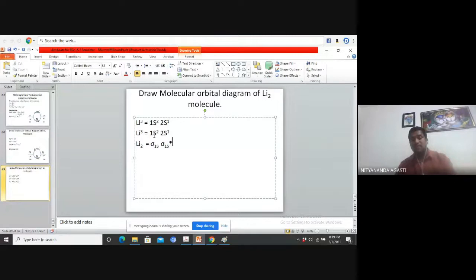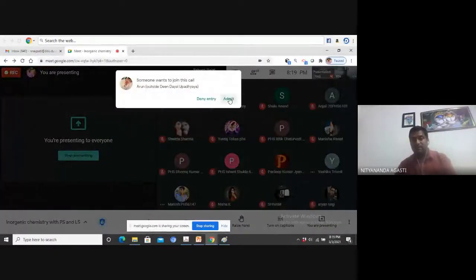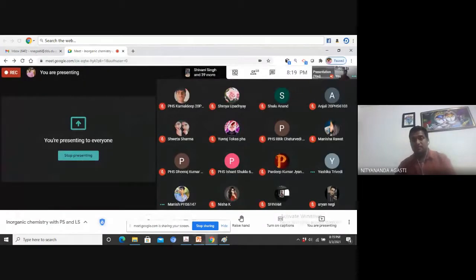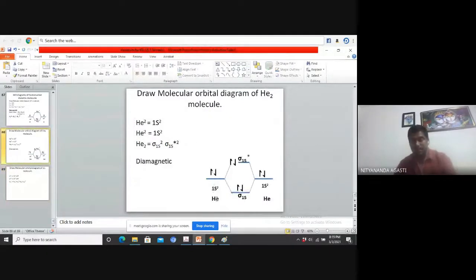It can't be 1s, because although it has similar symmetry, 1s is of lower energy, so it cannot combine. So write this configuration again. It will be sigma 2s, sigma star 2s. That's the order. Now we'll draw this diagram quickly.